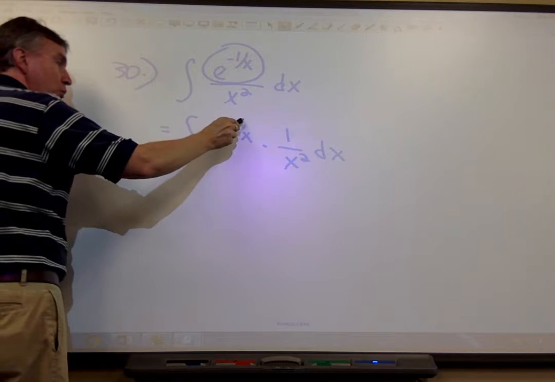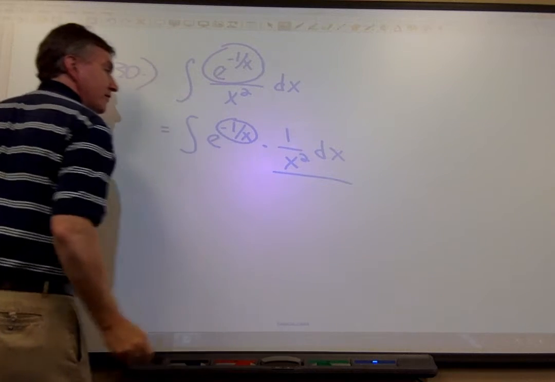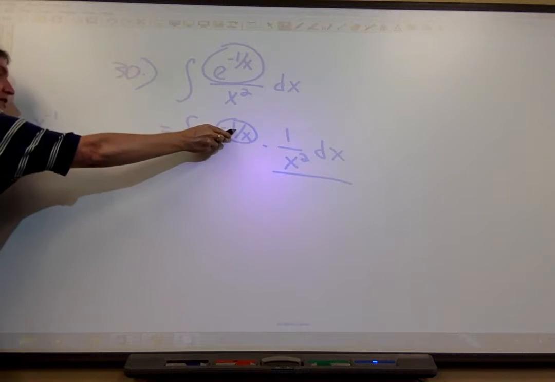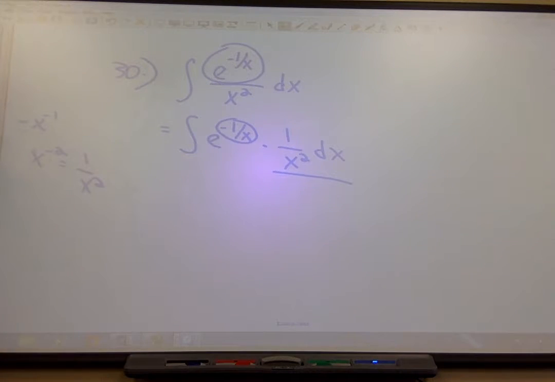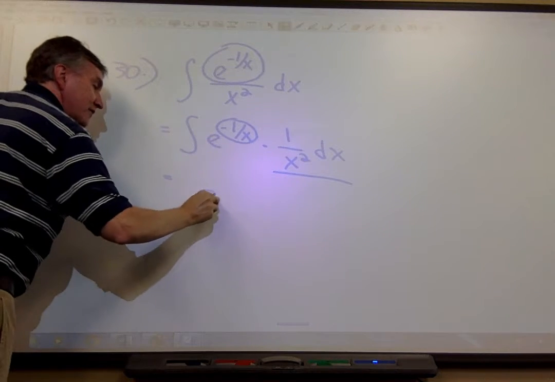I just need to know what the derivative of that inner is, and is it all there? What's the derivative of negative x to the negative 1, which is what that is? What's that? It's all there. I don't have to adjust it, do I? The derivative of this is that. So what is the antiderivative if I just disregard it?